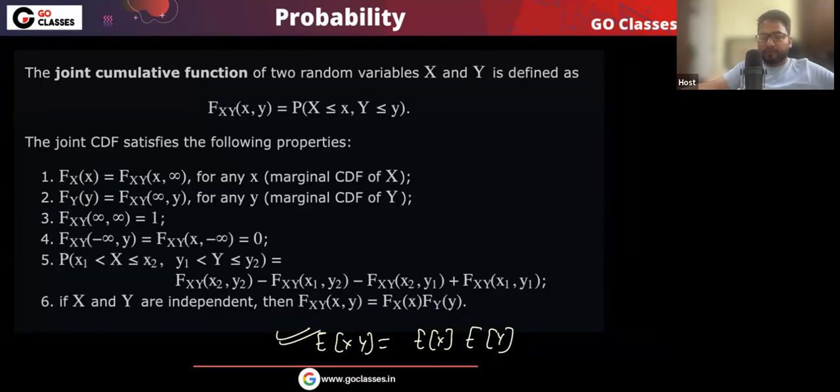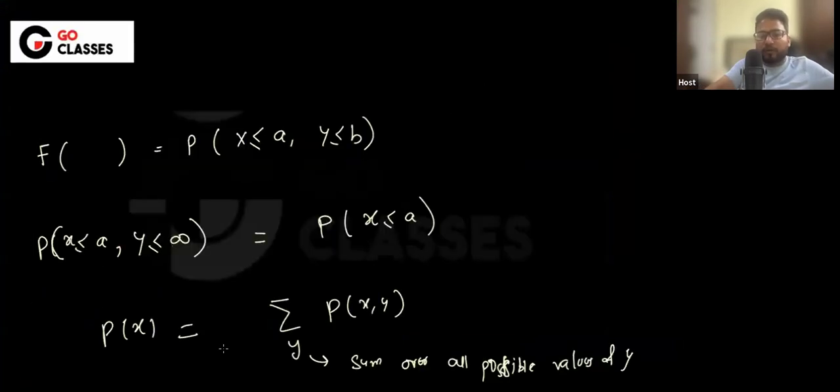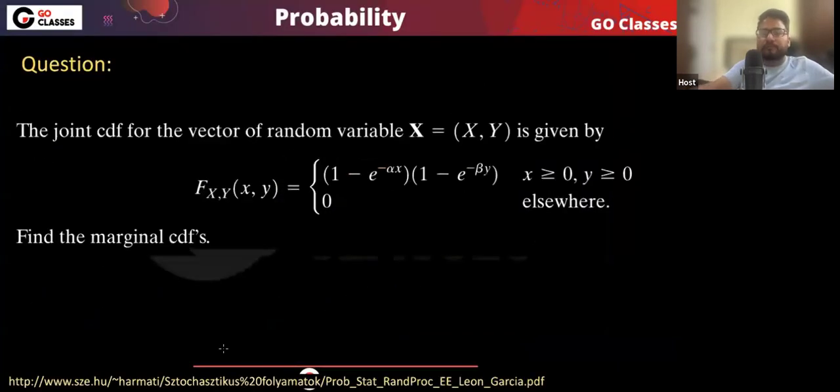Anyway, is it understood to everyone how to find the marginal CDF? You just need to put one of them as infinity. For example, if they ask you to find the marginal CDF, take F of xy, put y as infinity, and you will get Fx.